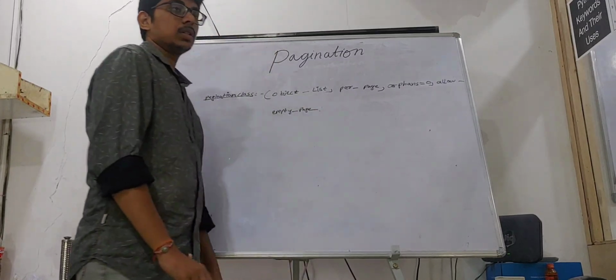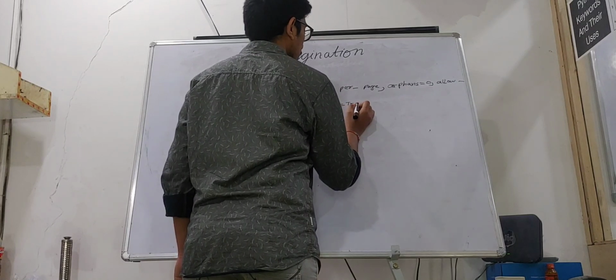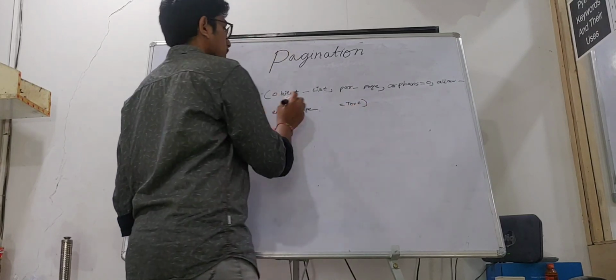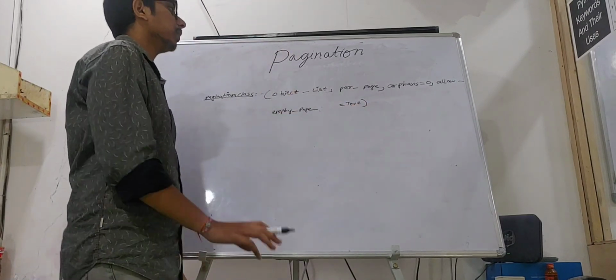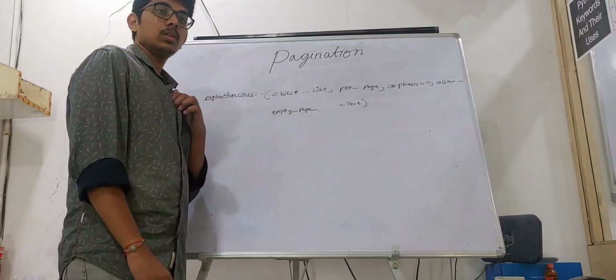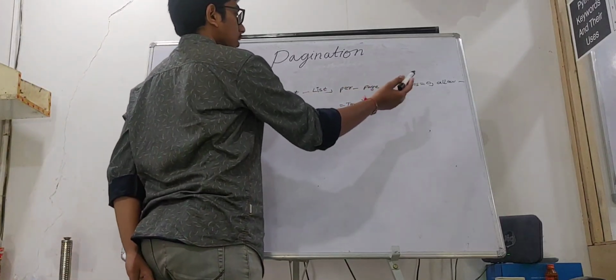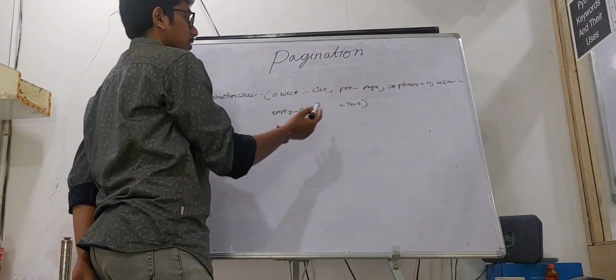Allow empty first page is equal to true by default. These are object list, per page, orphans and allow empty first page.